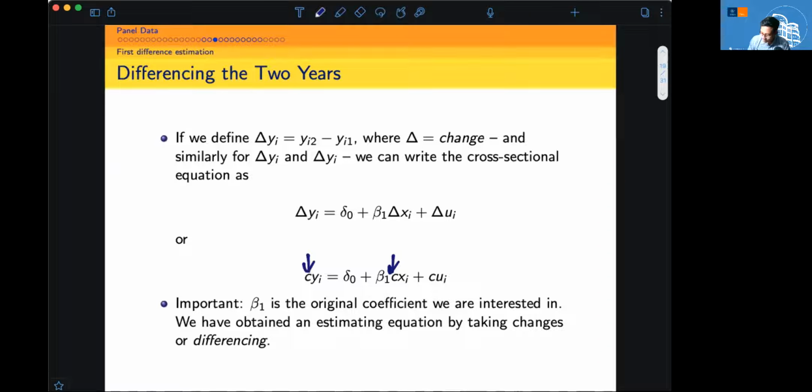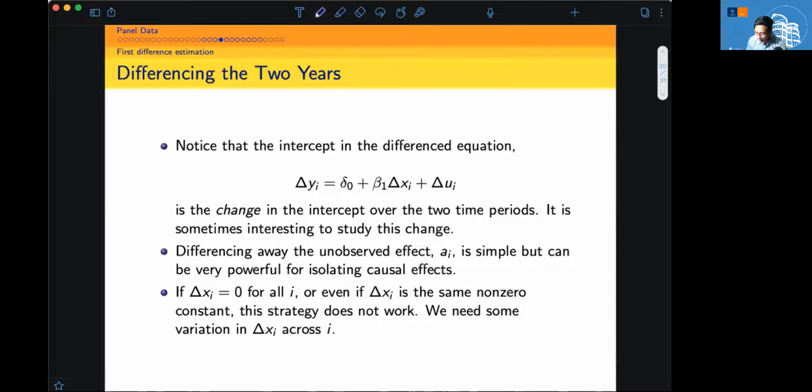Again, we're still interested in beta 1, and we have obtained an estimating equation by taking changes or differences. Changing the estimation strategy doesn't change the meaning of beta 1. It still reflects the marginal effect of a 1 unit change in X on Y.